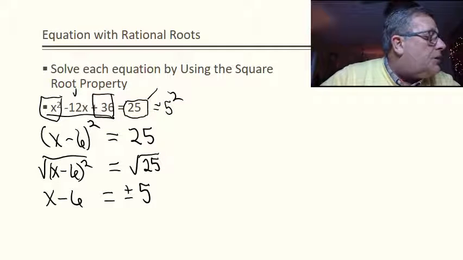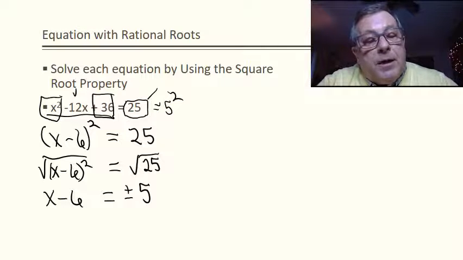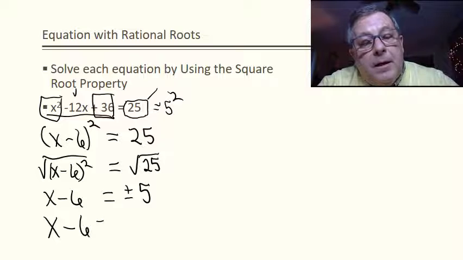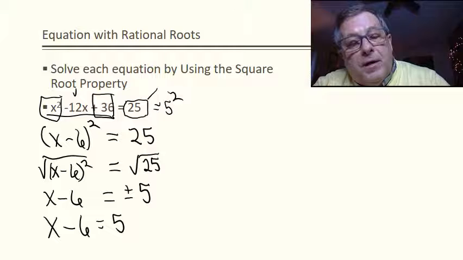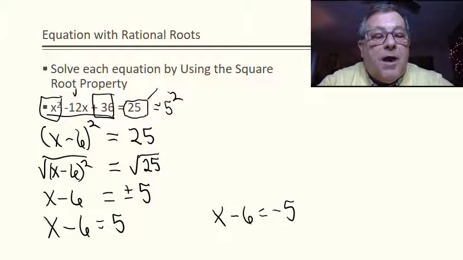And now we're just going to solve this equation, and so we would end up with x minus 6 equals 5, and x minus 6 equals negative 5, the plus or minus 5.